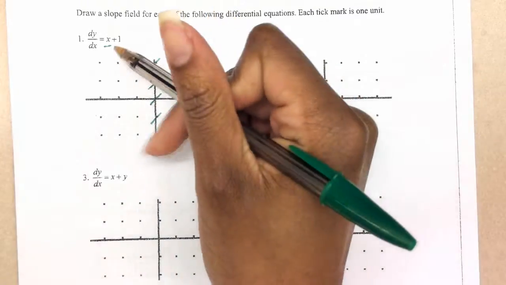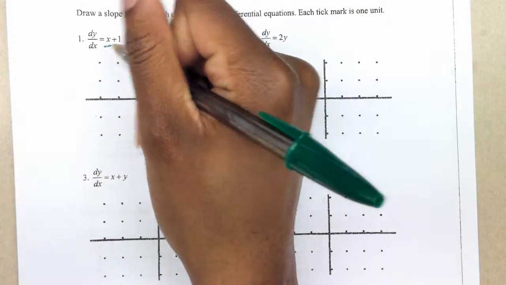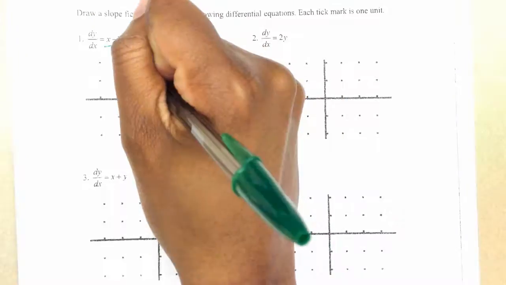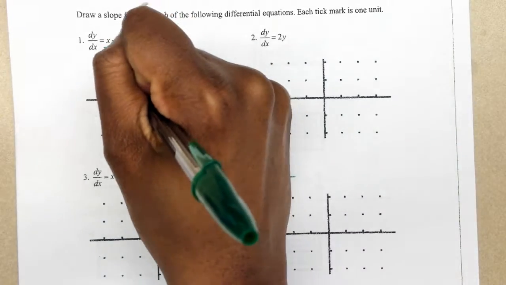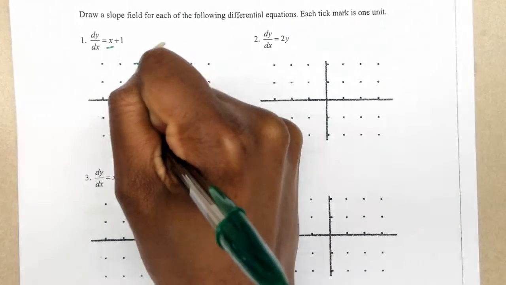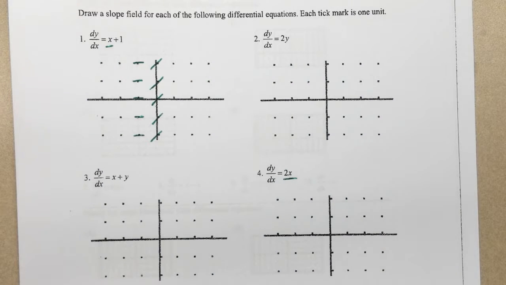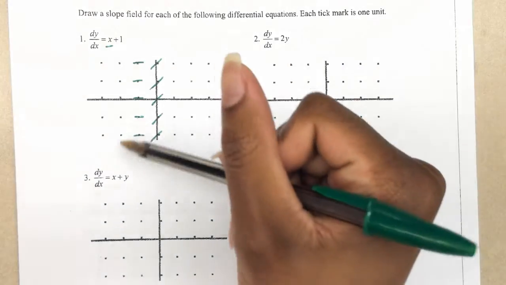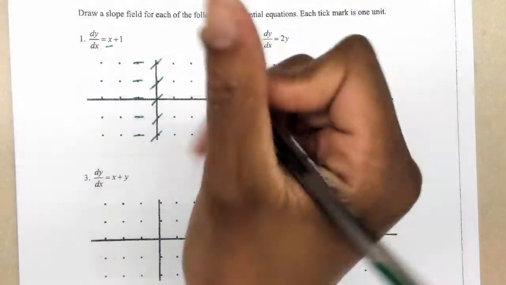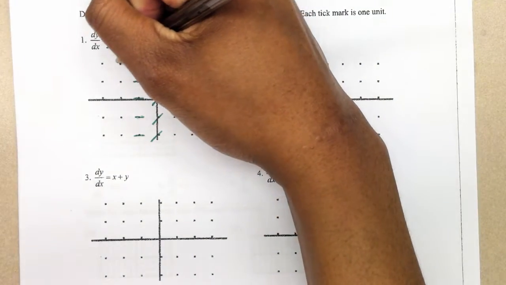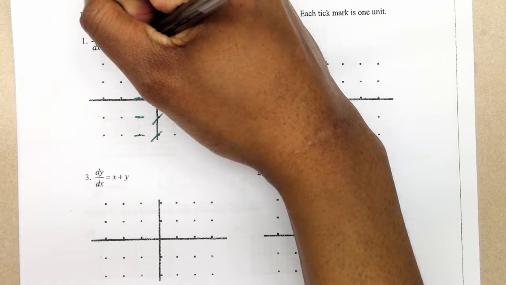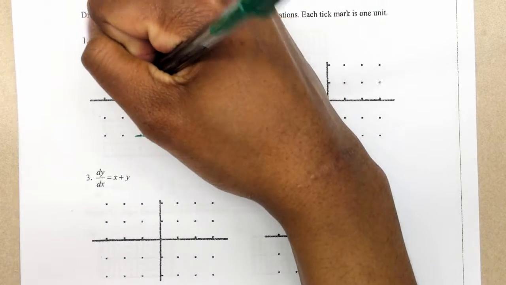When x is negative 1, my slope is 0, which is a horizontal line. So all along negative 1, my slope is 0. When x is negative 2, my slope is negative 1. So all along negative 2, I will have a slope of negative 1.